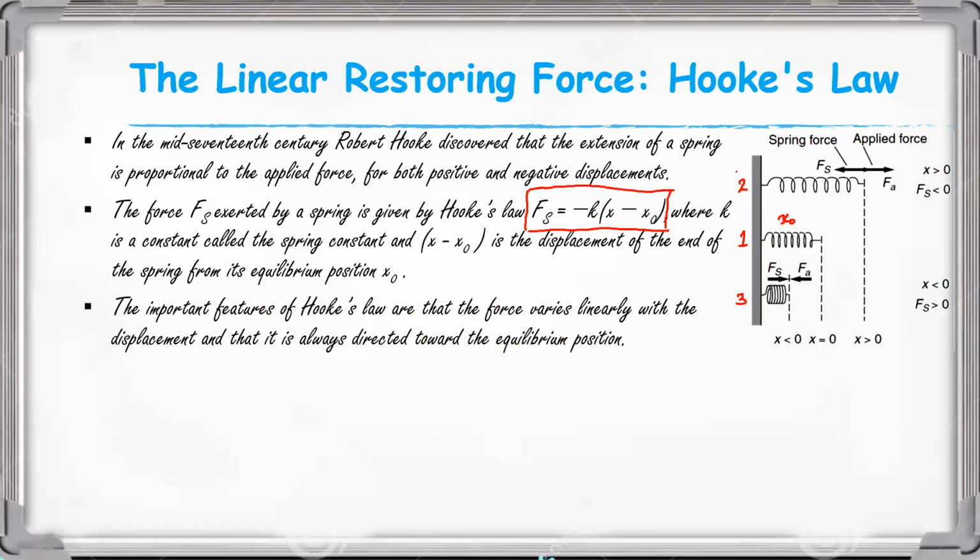In the second case, if we extend or elongate the spring with the applied force acting in this direction, then the spring force acts opposite to bring it to the equilibrium position.